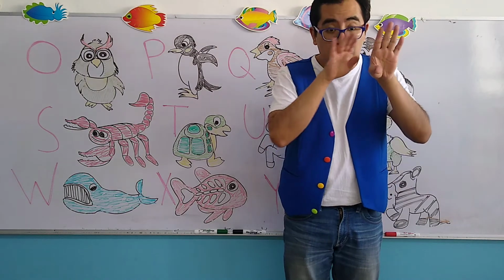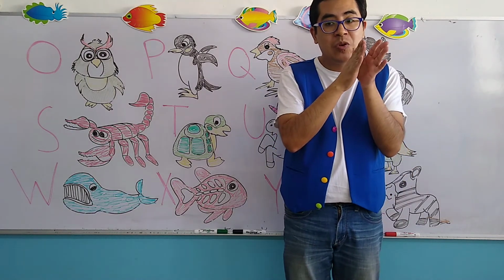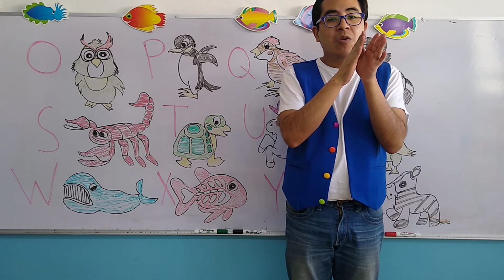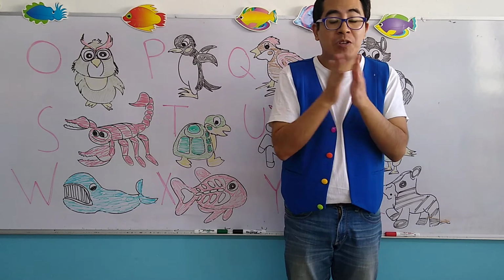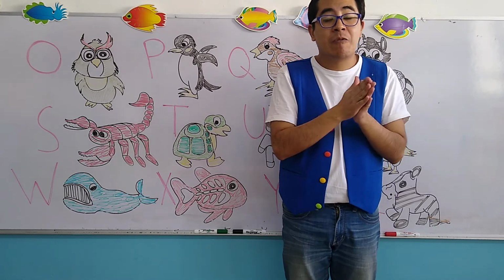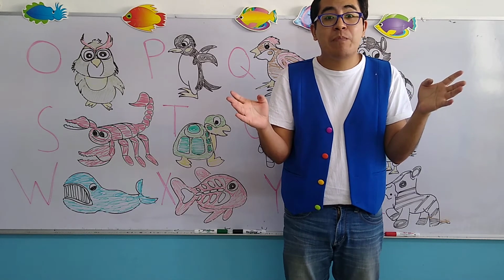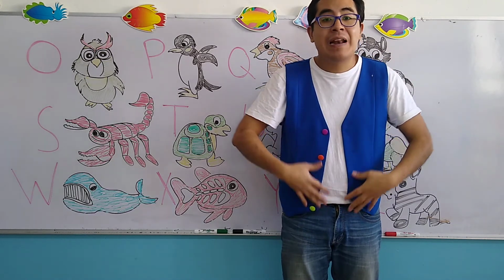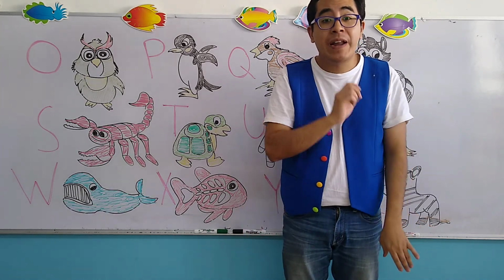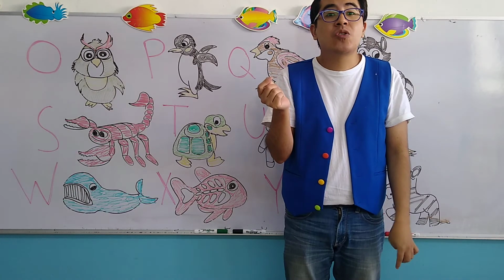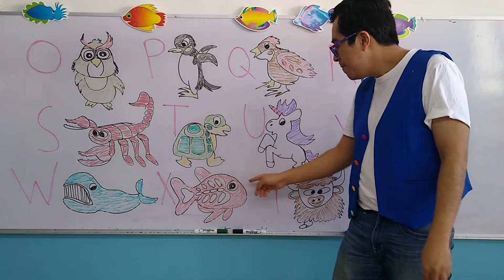We can see through that fish the bones, podemos ver sus huesos, todo lo que compone el interior de un pez. Por eso lo llamamos rayos X. Recuerden que cuando hablamos acerca de los rayos X, quiere decir que podemos ver a través de la carne. So, in the sea, we have a fish that is called X-ray fish, pez de rayos X.